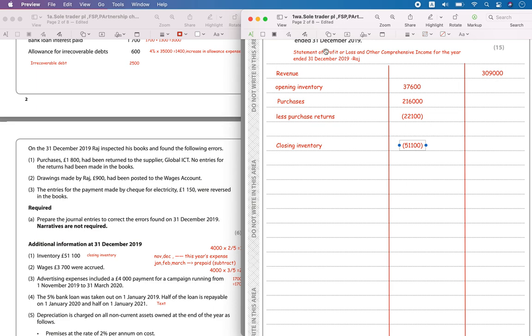Now first let's do opening inventory plus purchases minus purchase returns. What is the value? Let's calculate that cost. It is around 231,500, minus the closing inventory, so I will get the cost of sales. Cost of sales is around 180,400.